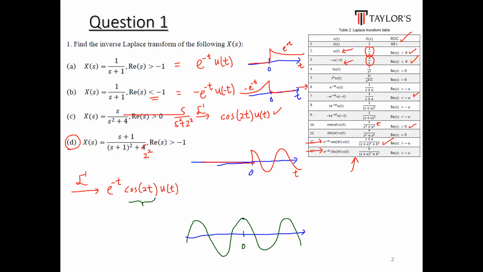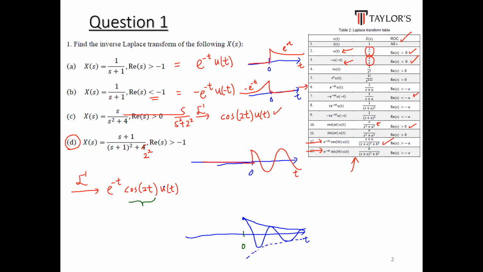E to the negative t starts from 1 and then slowly goes down to 0 when time t is approaching infinity. So it means that our cosine graph is actually squished within this thing. All right, because it's a multiplication, it's squished within the e to the negative t.